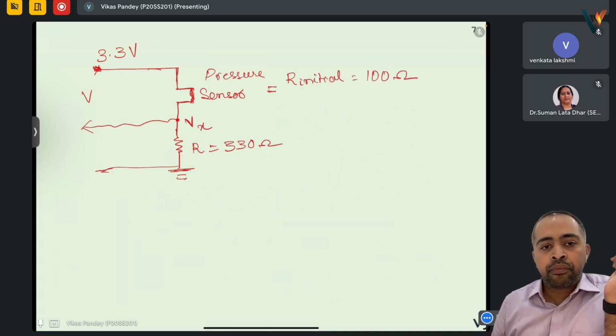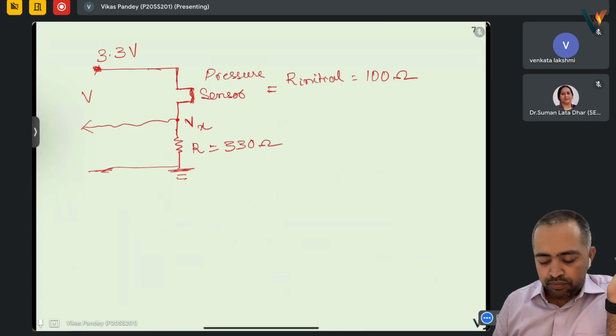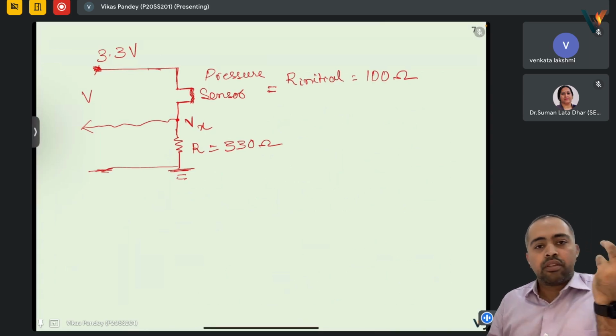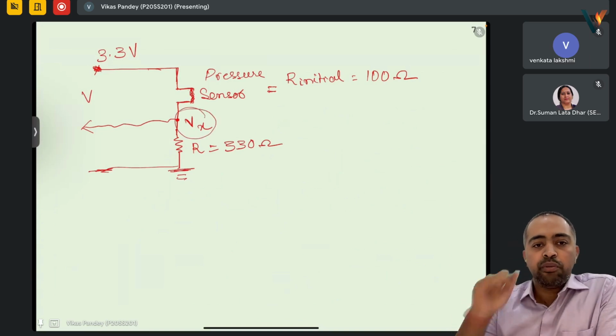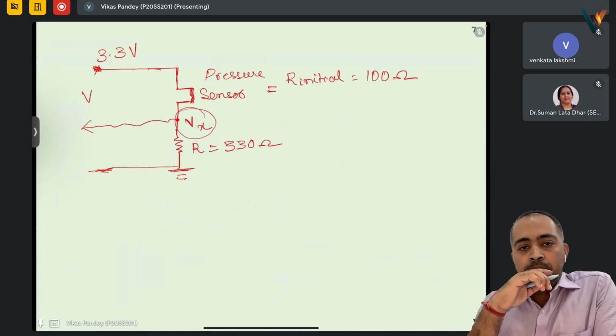Can we calculate Vx? What will be the value of Vx? Anyone? At least, what is the formula that we will be using?